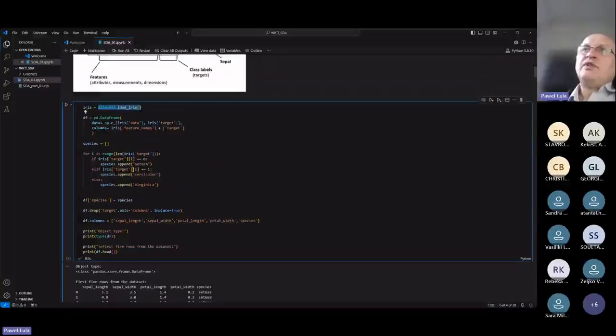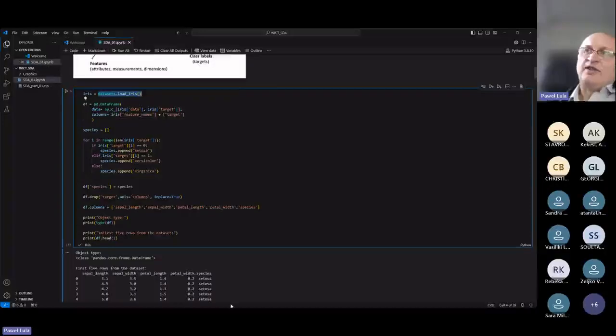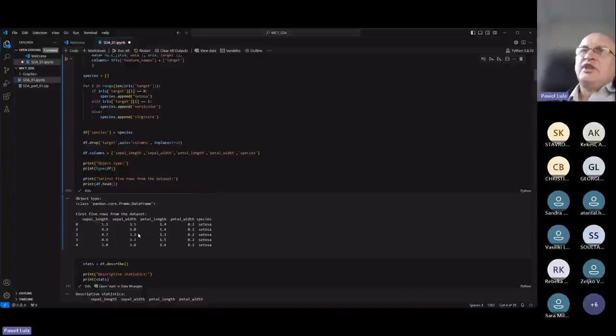So this program is for preparation of this data frame. Of course, I executed it earlier, but you can also execute it, and you see the information that this object, which was created here, is a data frame, and here we see some elements, the first 5 rows from this dataset.